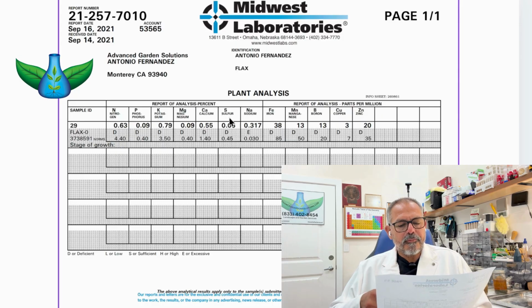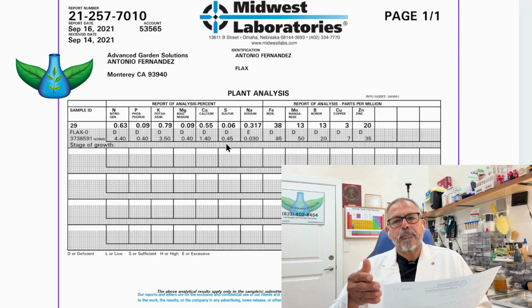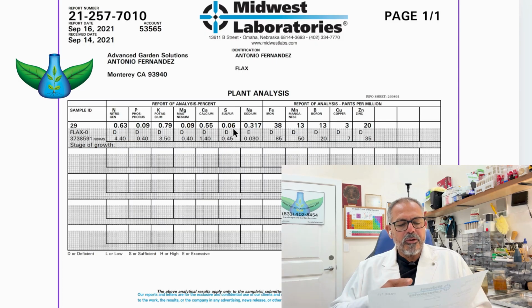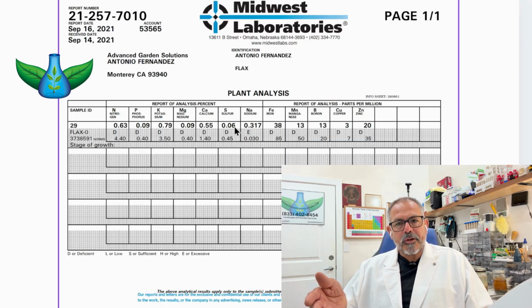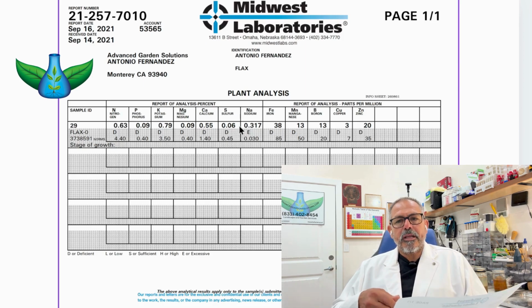Moving on to sulfur. It should be between 0.2 and 0.45%, but in this case, we only have 0.06%. Although sulfur was already somewhat low in the soil sample, it is even lower here in the plant tissue analysis.